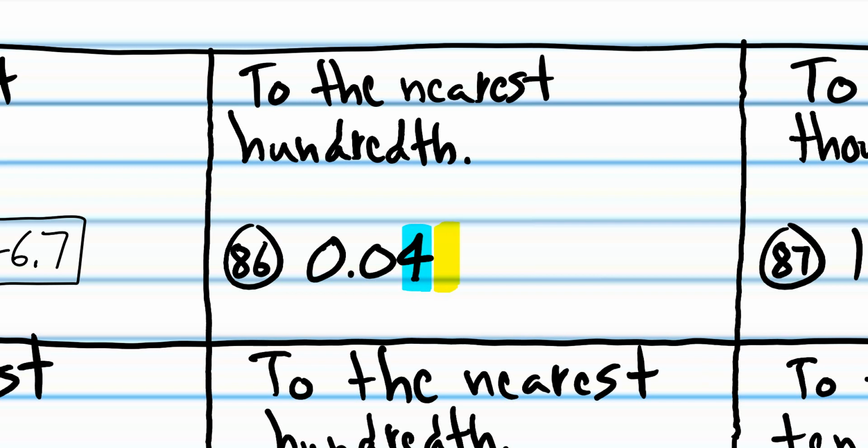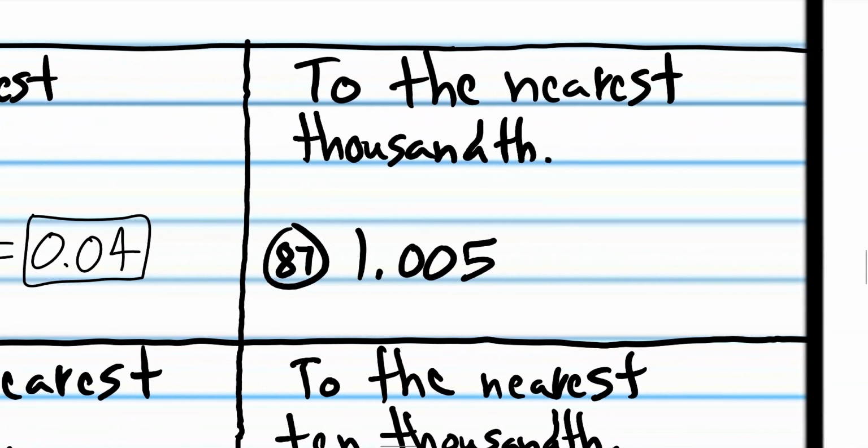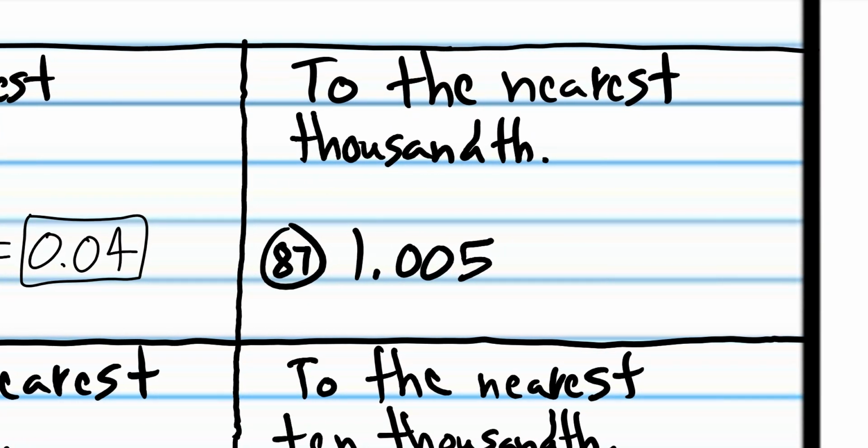The yellow number is considered to be 0, which means we just keep the blue number the way it is. The yellow number and all numbers to the right go to 0, but there are no numbers there, so the number just stays the same, which means that we can get rid of the approximately equal to sign and write just equal to. Why don't you try 87, and when you come back, we'll do it together.